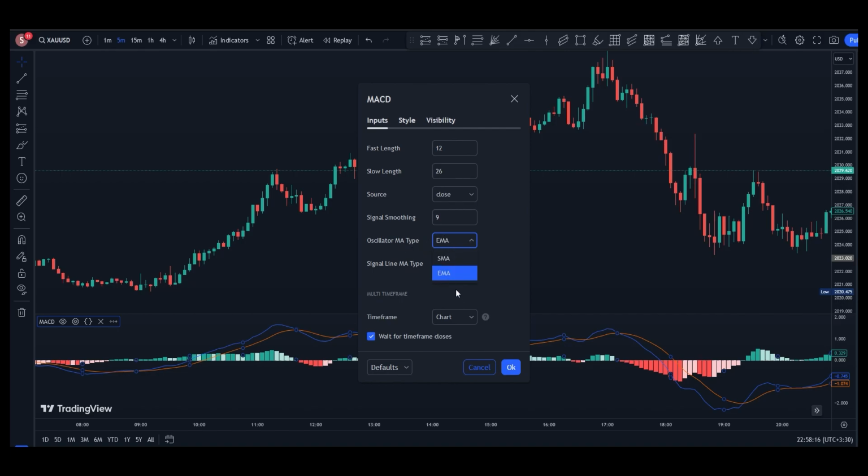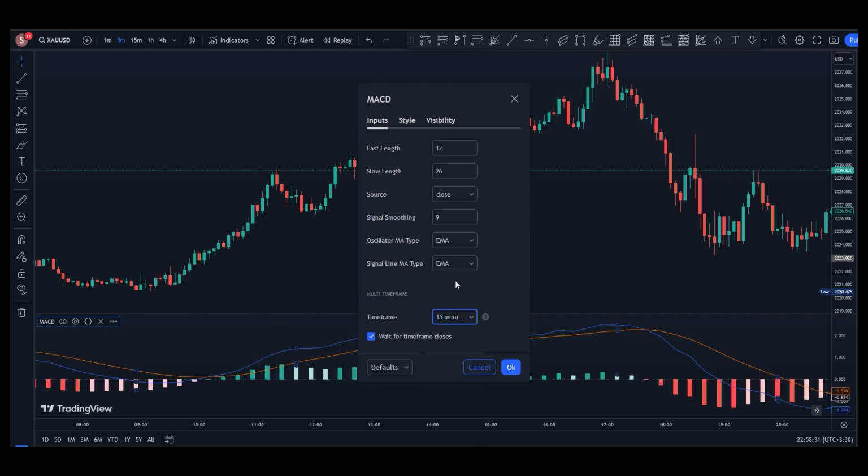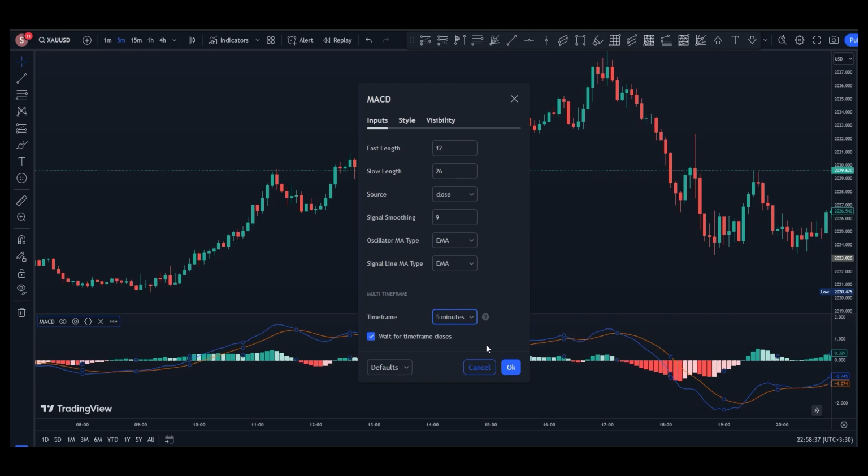You can use EMA or simple moving average SMA, and the signal line MA here. You can change your time frame. For example, in our other indicators we use other time frame lengths and you can use it too, but I now prefer to use the chart time frame.